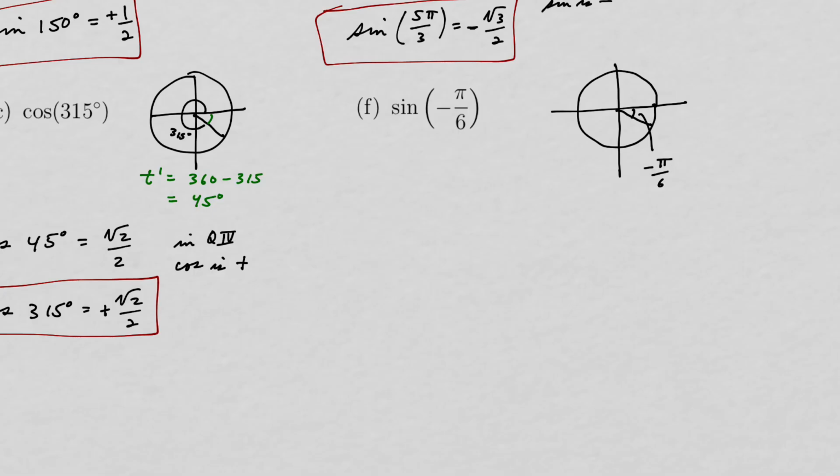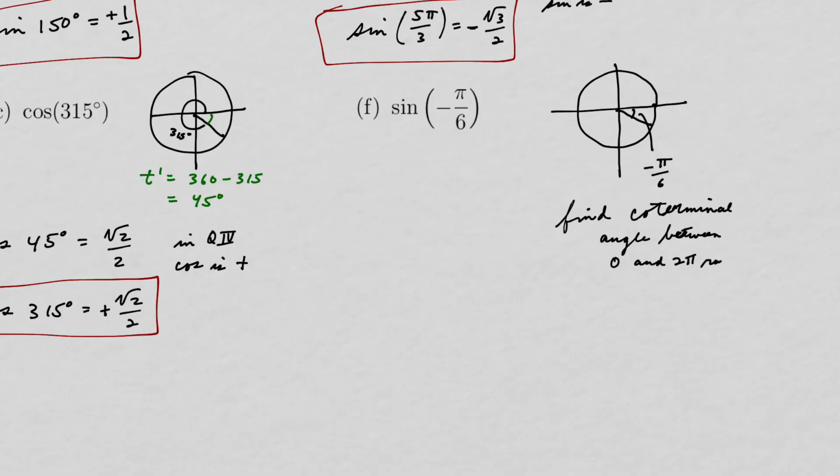But if you want, you could find the coterminal angle first, the angle that's between 0 and 2 pi. You could find that first. So here, let's just do it that way. Find the coterminal angle, the one that we want between 0 and 2 pi radians.